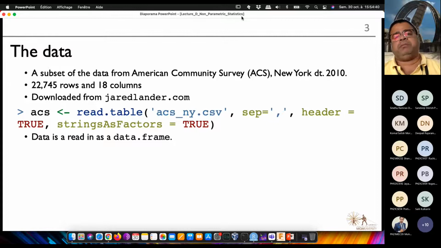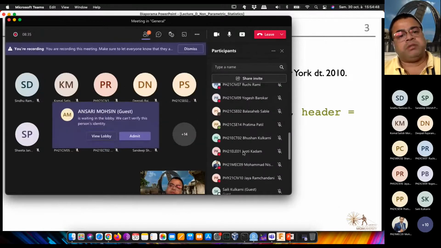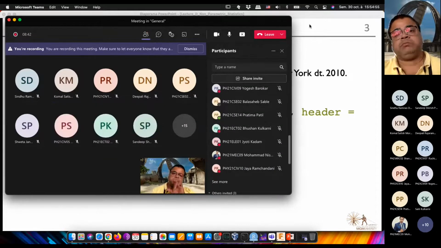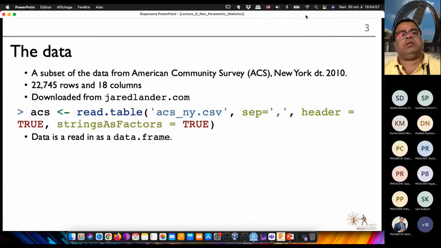Now, this is a subset of the data. So what I am going to do is read the data into the R environment. You can read it by using read.table.